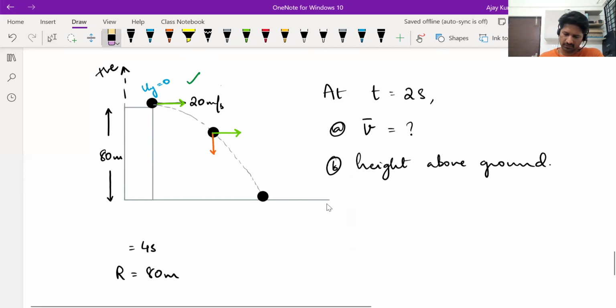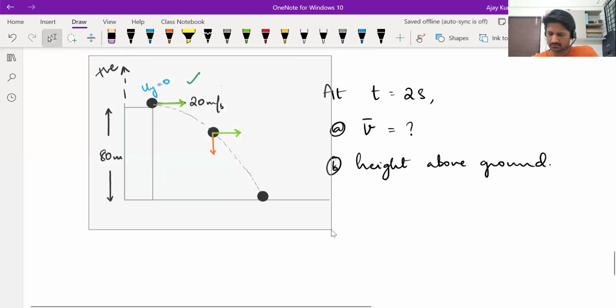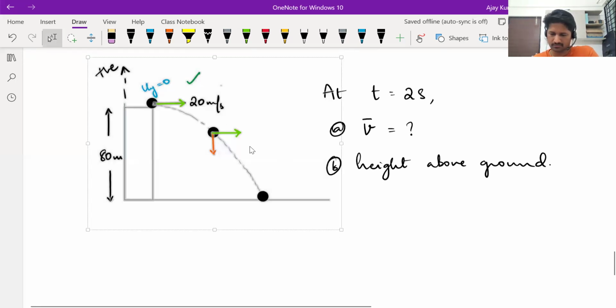Now these things don't matter anymore: total time of flight and range. Try this, all of you. I'll give you 2 minutes.